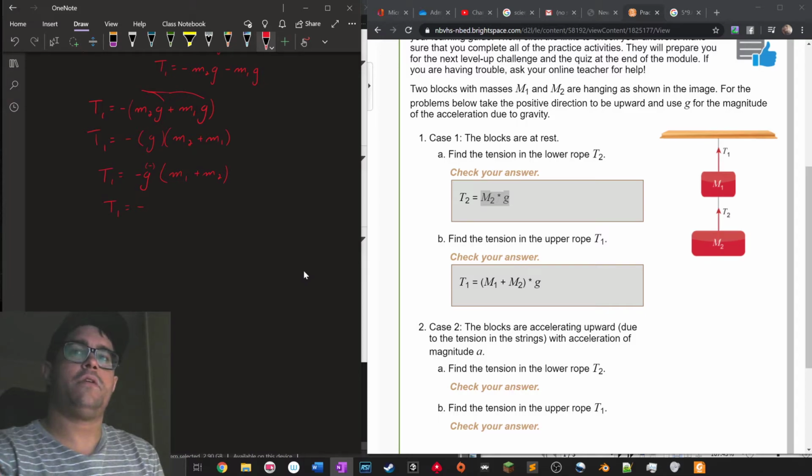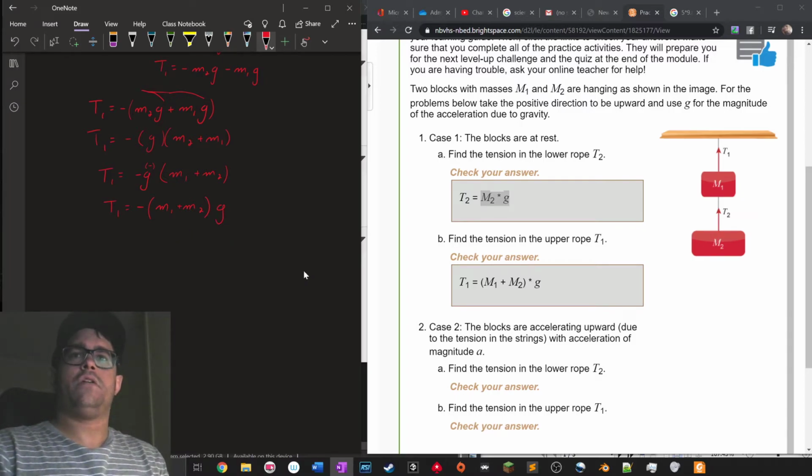So the minus here is here because of my structure of the mechanic. M1 plus M2 can go before because we normally say mg, right?